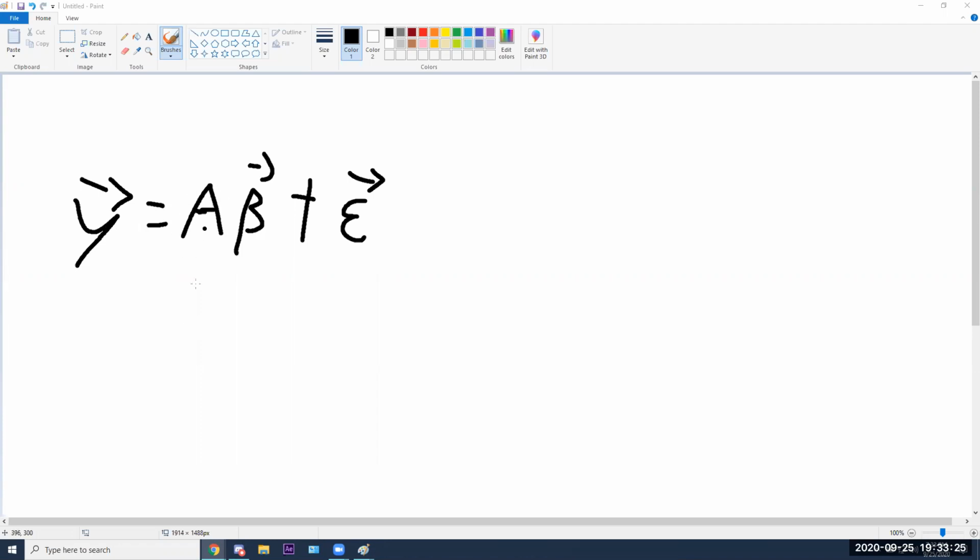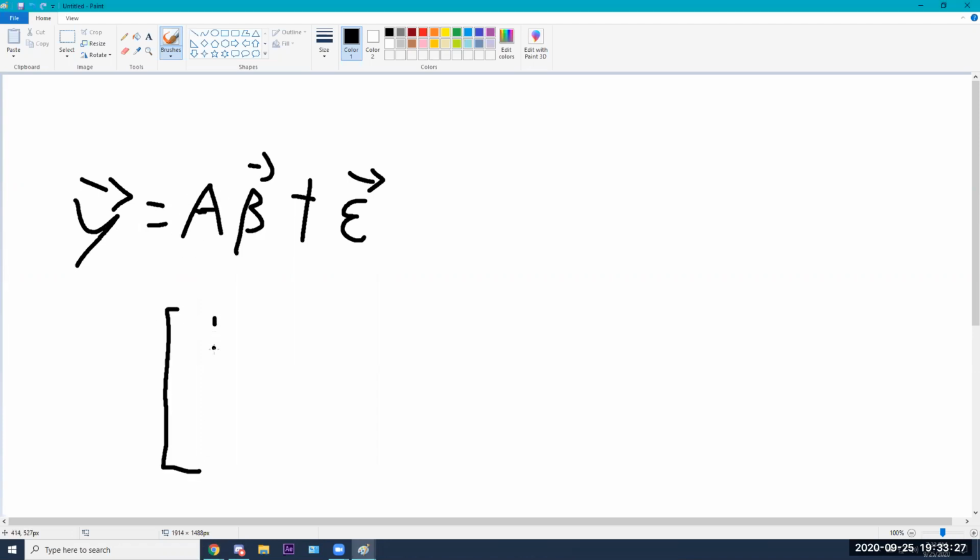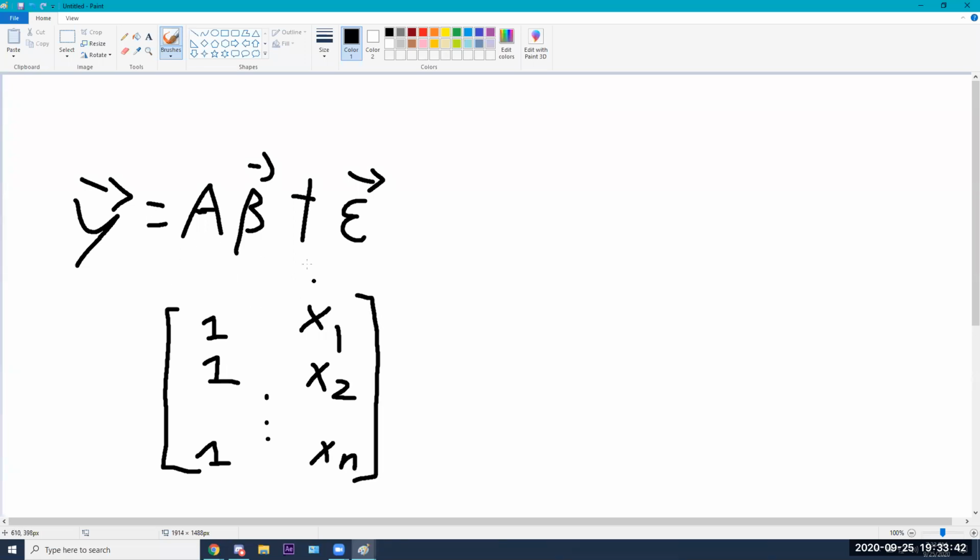In reality, this A matrix looks like this. It's a 2-column matrix with a column of 1s and then x1, x2, up to xn. This is what the A matrix looks like. And then the B vector is your slope and y-intercept.